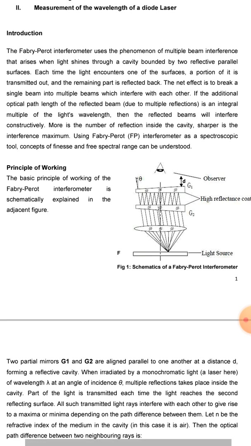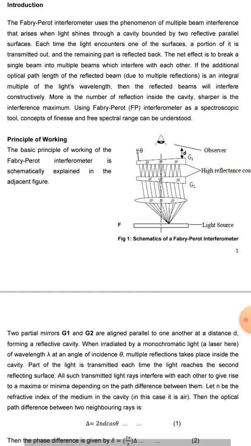If the additional optical path length of the reflected beam is an integral multiple of the light wavelength, then the reflected beams will interfere constructively. The more reflections inside the cavity, the sharper the interference maximum.